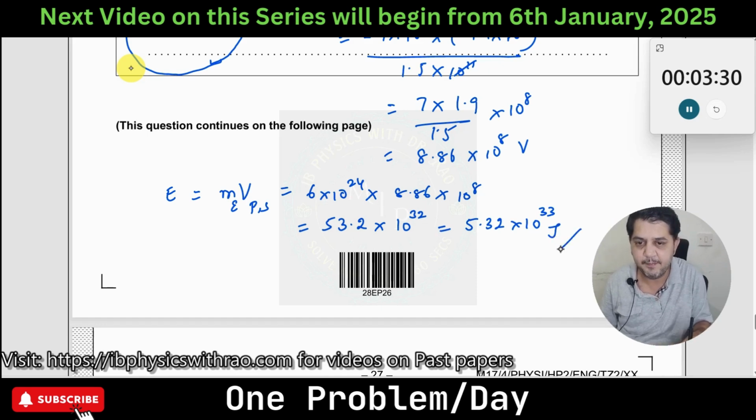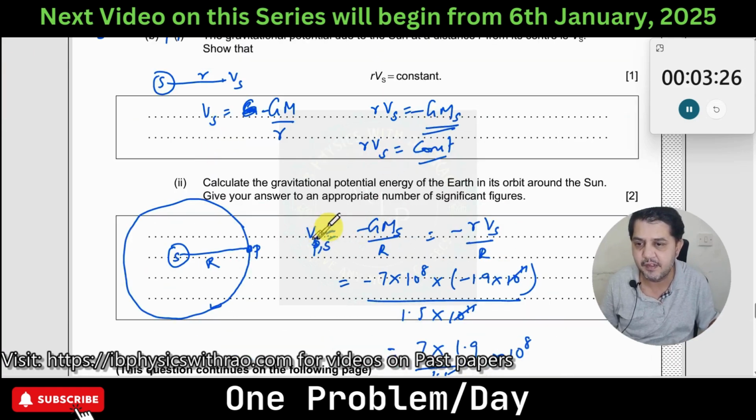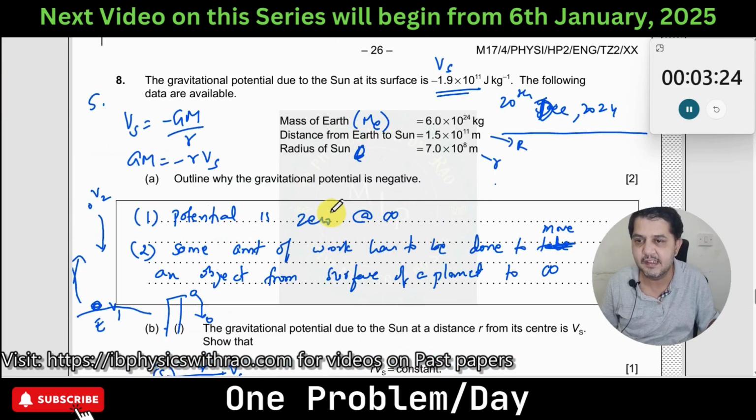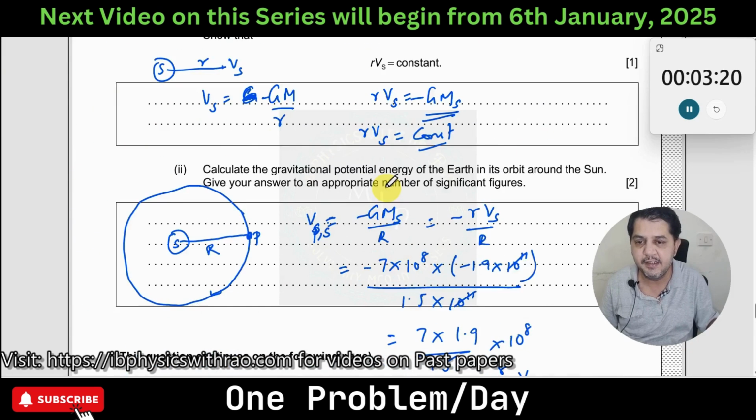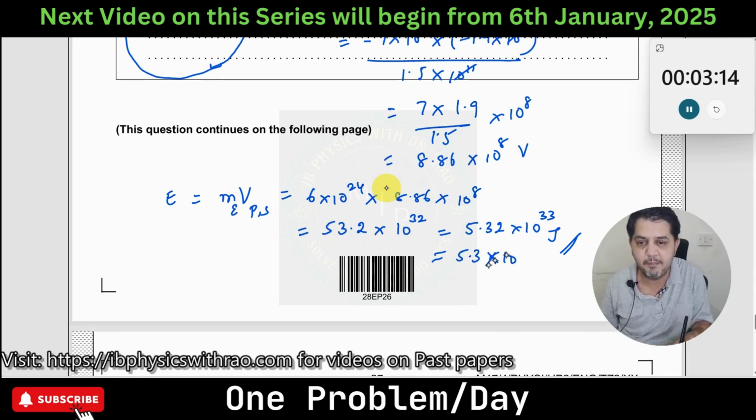Energy. Now the question is asking about appropriate significant figures. How many significant figures are there? Look at this, this is 2, this is 2, this is 2. It should be 2 significant figures. So I should write this as 5.3 into 10 to the power of 33 joules. This should be your answer.